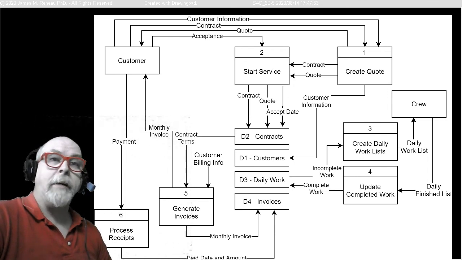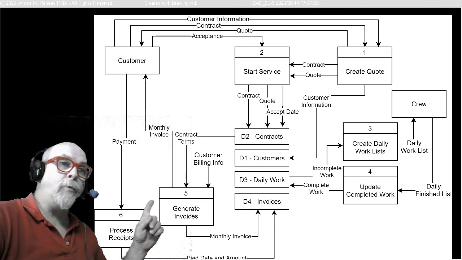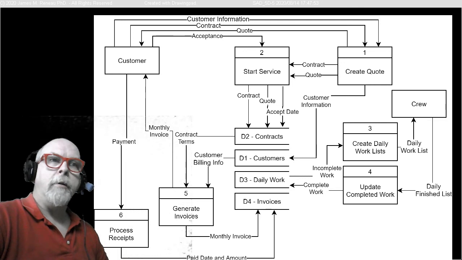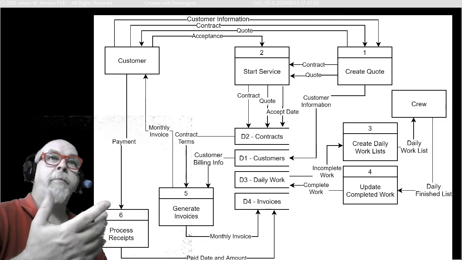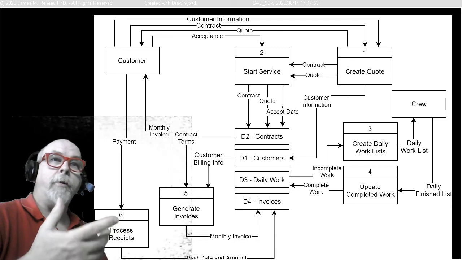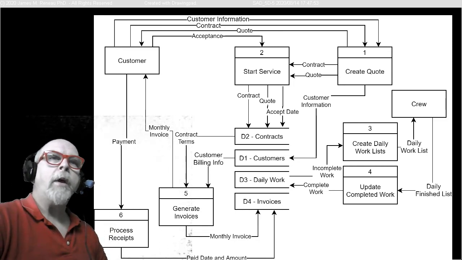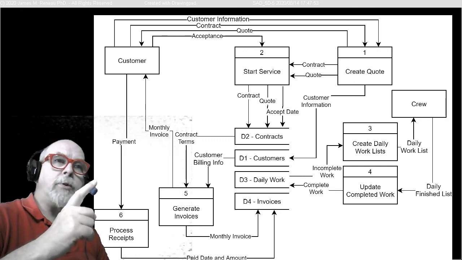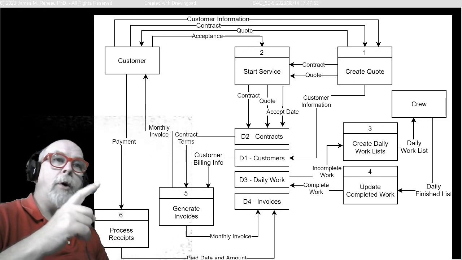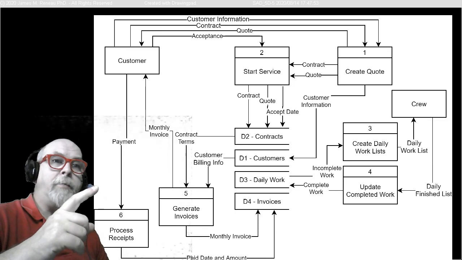The first process I created was process one, create a quote, because we get the customer information, the contact information, and we generate a quote, and that quote goes back to the customer. That quote also goes down into the customer table, right?